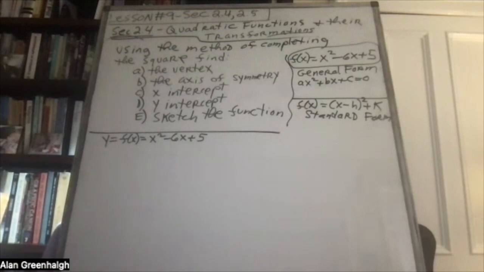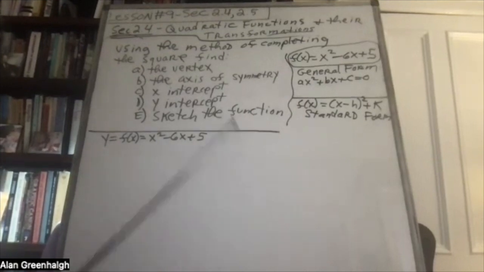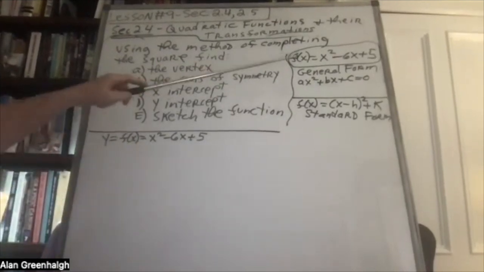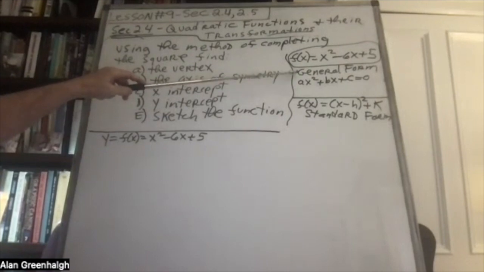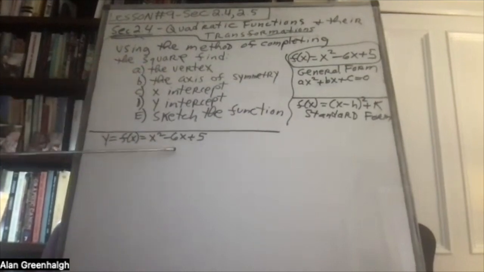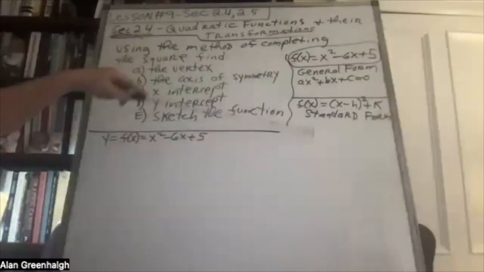But as I was looking through the homework problem that I gave you, there's only one homework problem based on this whole thing. And the problem actually indicates general form and standard form. So what we're doing when we do this problem is we're changing the equation from general form to standard form.